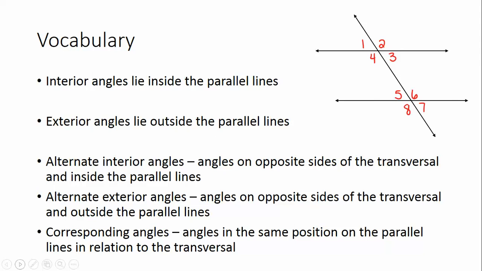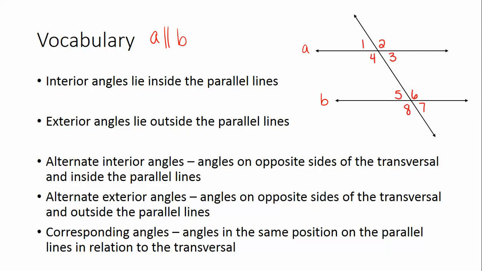So, interior angles. Interior, hopefully you think of the word inside. Interior angles lie inside parallel lines. So what we're saying in this figure is if we have lines A and B, in this case line A is parallel to line B. That's the symbol for parallel.